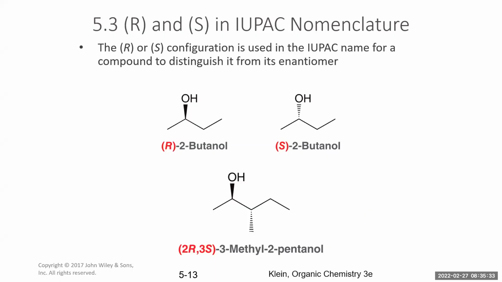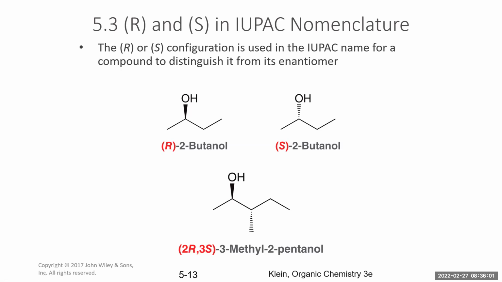Okay, so again, the designation of the chiral center as R and S is an important part of the IUPAC name for a compound when you have a chiral compound, and it's important to be able to distinguish it from its enantiomer. So for example, don't really worry about necessarily how to name this because we haven't learned how to name alcohols yet, right?